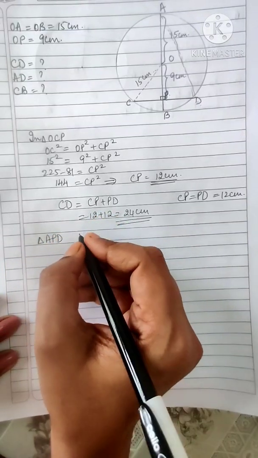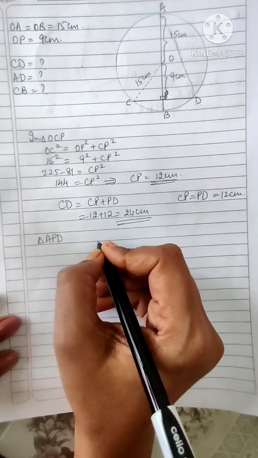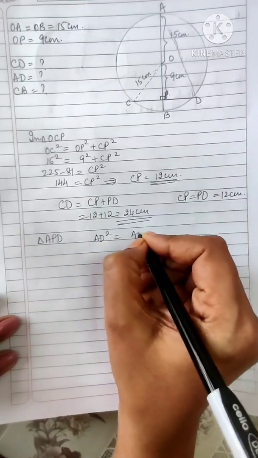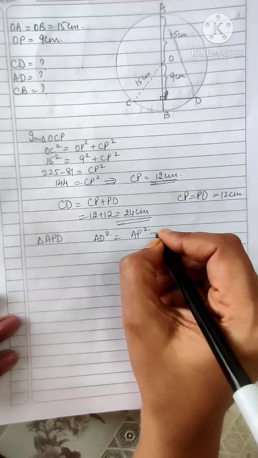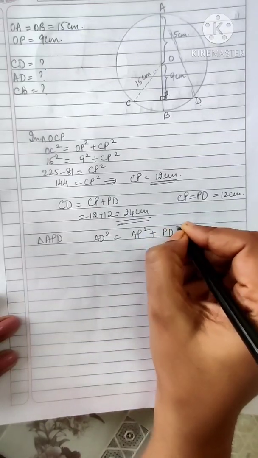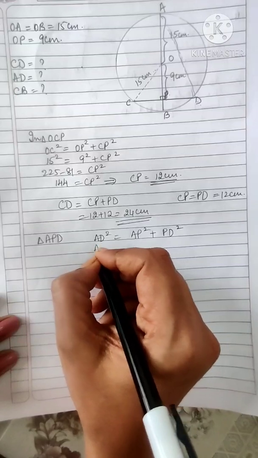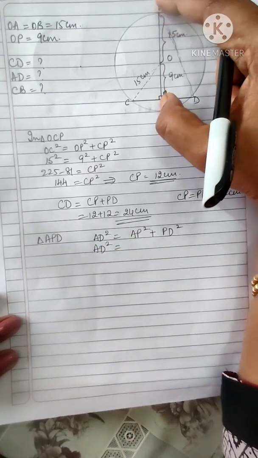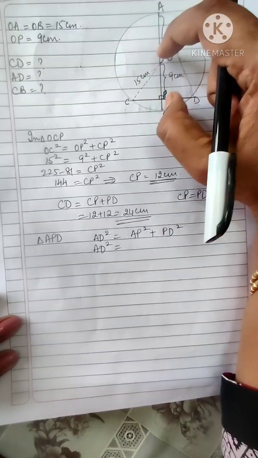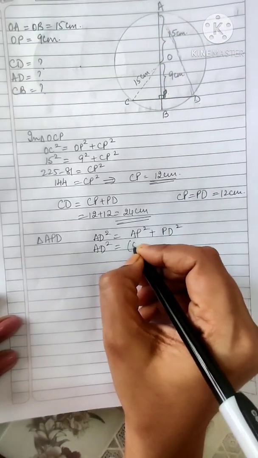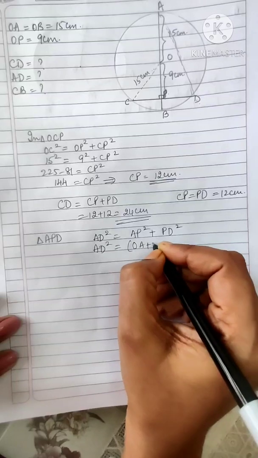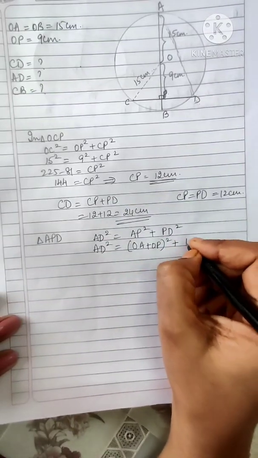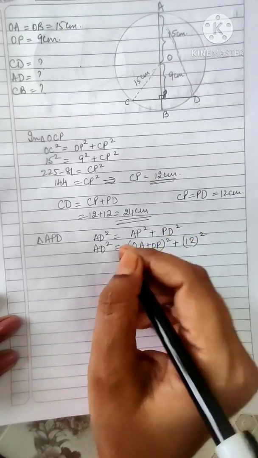So in triangle APD, you can use the Pythagoras theorem, which will give you AD square is equal to AP square plus PD square, and therefore AD square will be equal to, now if you observe the figure, AP includes OA and OP. So this is OA plus OP the whole square plus PD is 12. So this is 12 square.